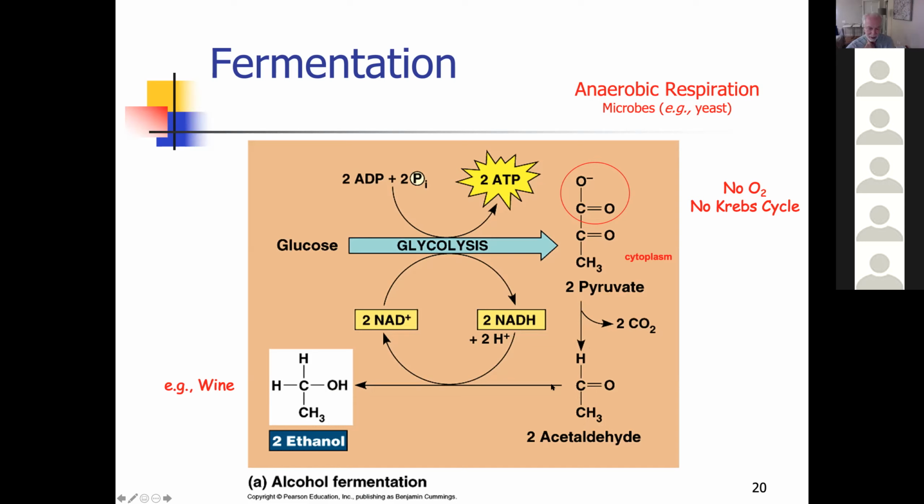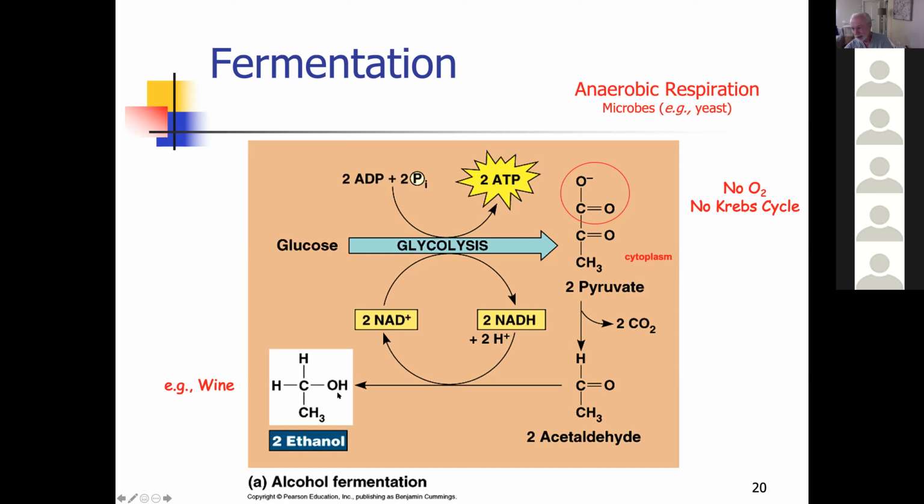Then acetaldehyde can take 2 protons to get this structure, which is ethanol. For example, wine. So this is what happens in yeasts and certain other microorganisms, that you have this loss of CO2 from pyruvate to acetaldehyde, which gets converted to ethanol.